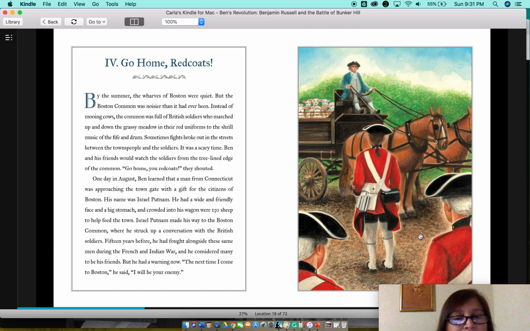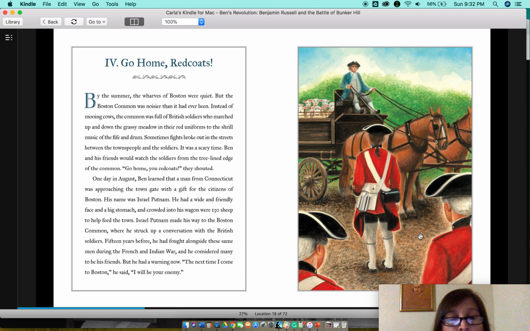His name was Israel Putnam. He had a wide and friendly face and a big stomach, and crowded into his wagons were 130 sheep to help feed the town.